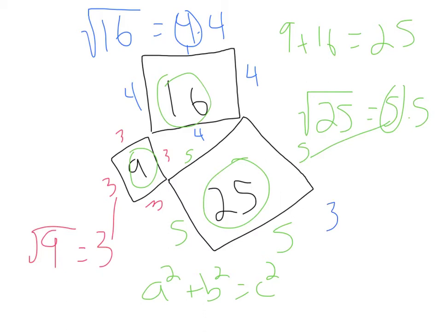So we'd say 3 squared plus our medium sized square, the side length was 4. So we'd say 4 squared. Then we'd say equals, and then our big square, the side length we said was what? 5. 5 squared. So this is the Pythagorean theorem. He says that this side squared plus this side squared equals this side squared.